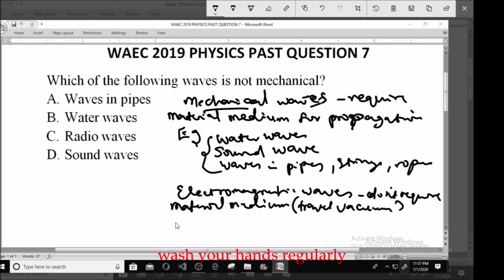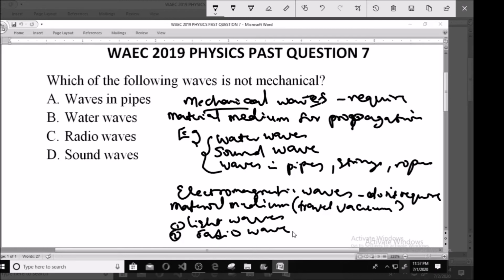So what are examples of these waves? We'll talk about things like light waves, radio waves, X-rays. So you can see these ones, they travel through vacuum.